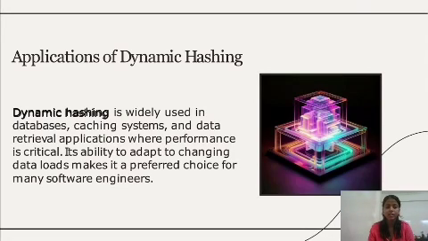Applications of dynamic hashing. Dynamic hashing is widely used in databases, caching systems, and data retrieval applications, where performance is critical. Its ability to adapt to changing data loads makes it a preferred choice for many software engineers.